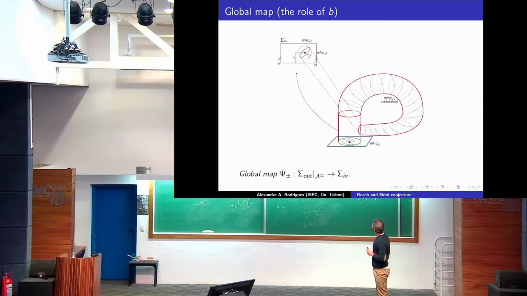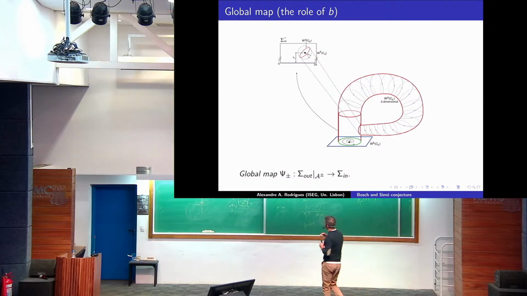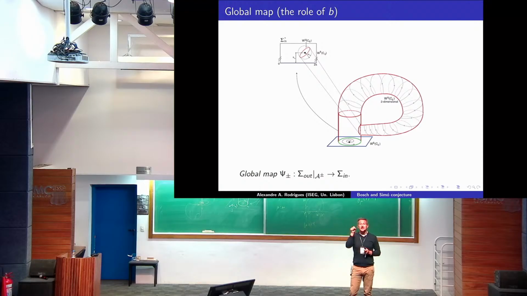And Alex, about the global map. I have an expression from the wall to the top, and from the top to the wall again. To define a first return map, I should define the composition of the maps that get the cross section. So here is where b plays a role.